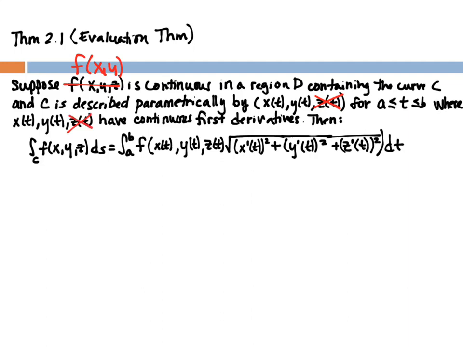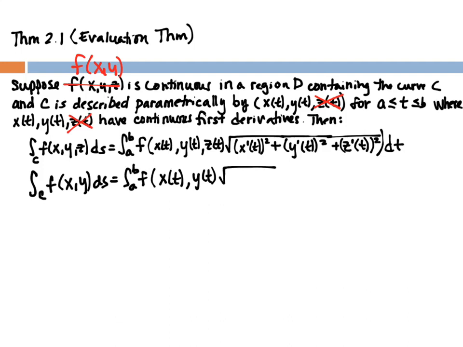All right? And then our function down here, and I will rewrite this just so you have it written down, is the integral of f of x, y ds. It's still the integral from a to b. And I still have my function that's x of t, y of t, but I don't have a z of t. So I actually have the y of t that gets multiplied by the square root.